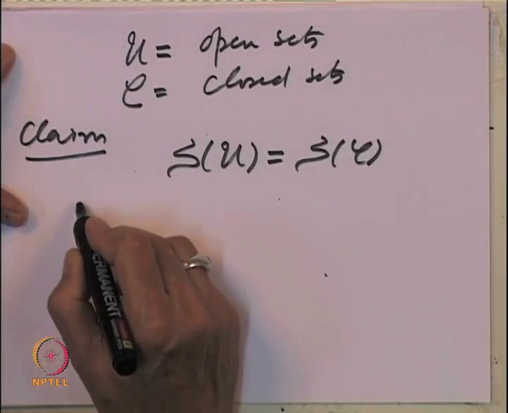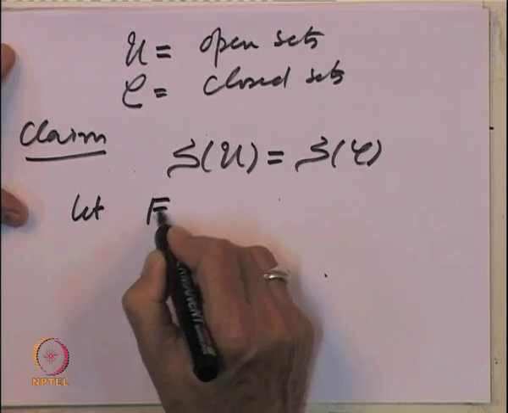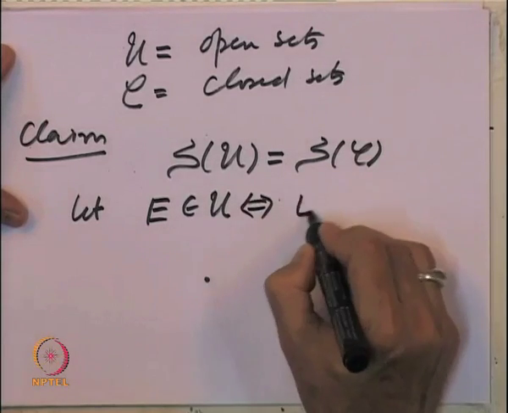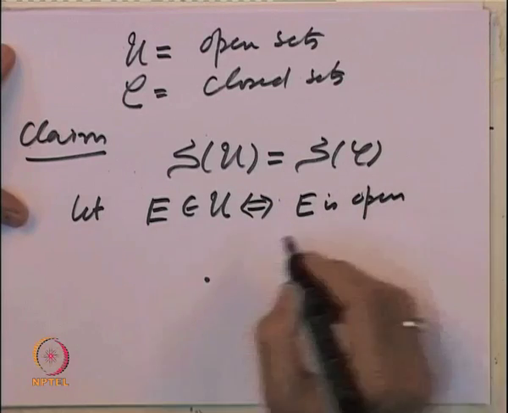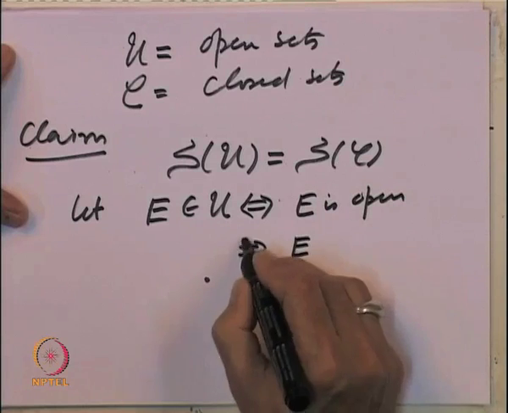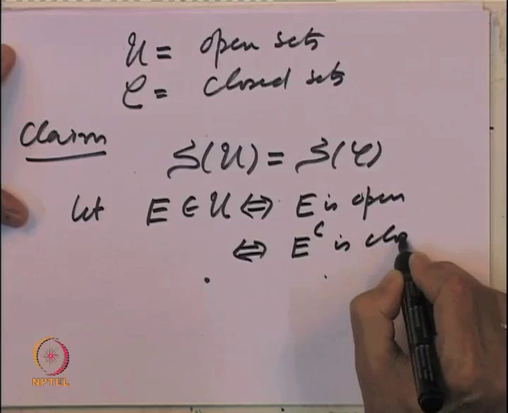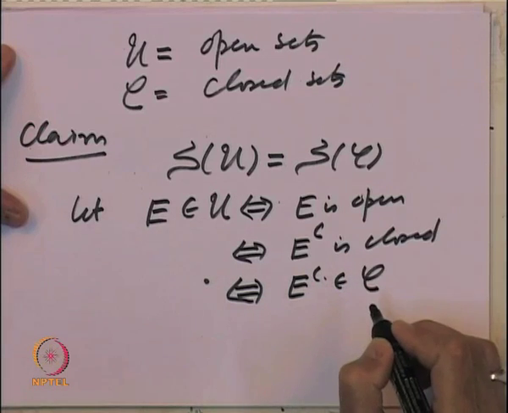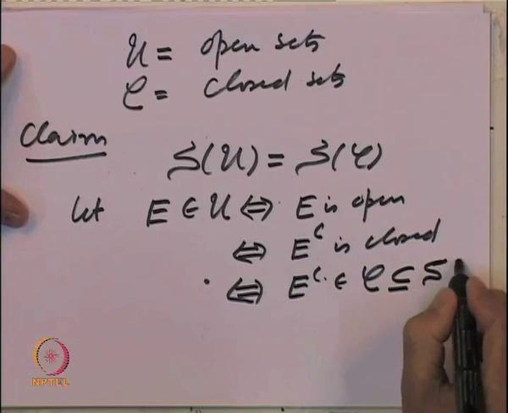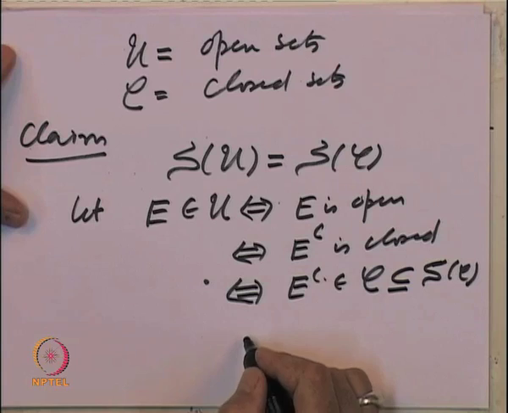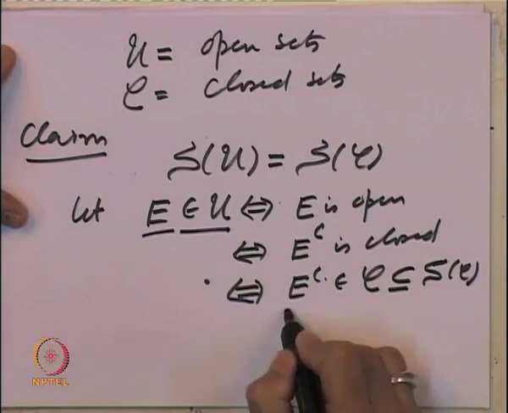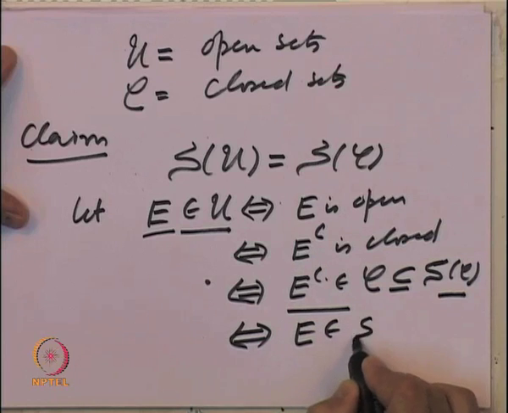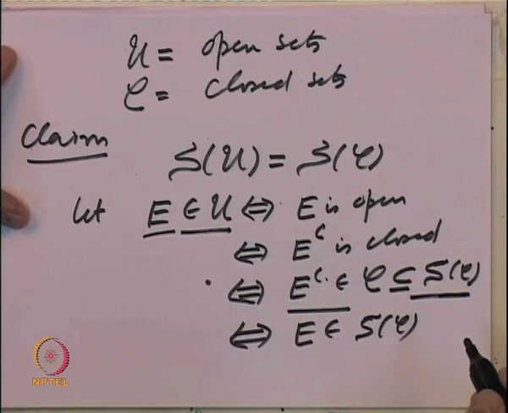So, let us observe. Let us take a set E which belongs to U. That is the same as saying that E is open, which is equivalent to saying E complement is closed, and that implies that E complement is in the collection C, which is inside S of C. So, what we have shown is, if E is an open set, then E complement belongs to S of C, and as a consequence of this, E belongs to S of C, because S of C is a sigma algebra.